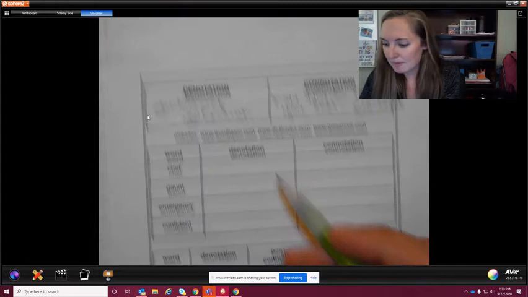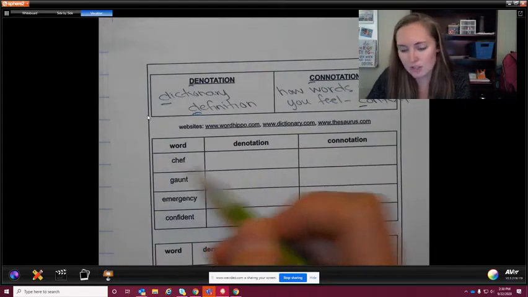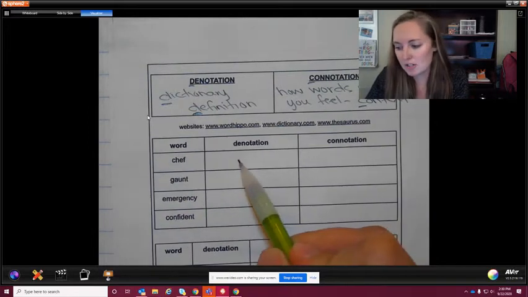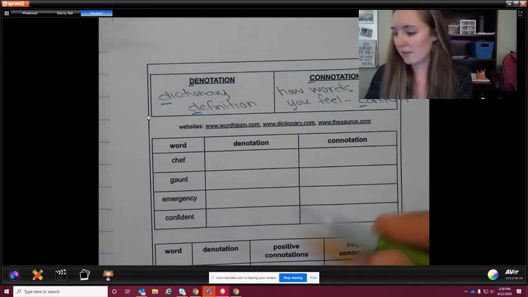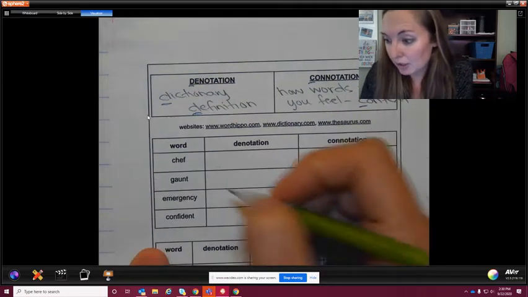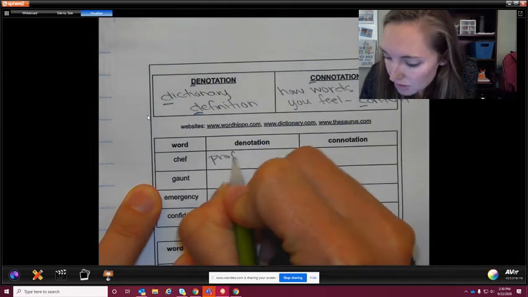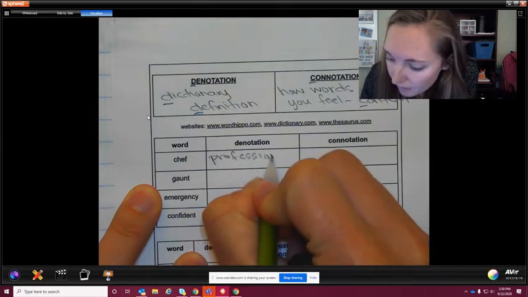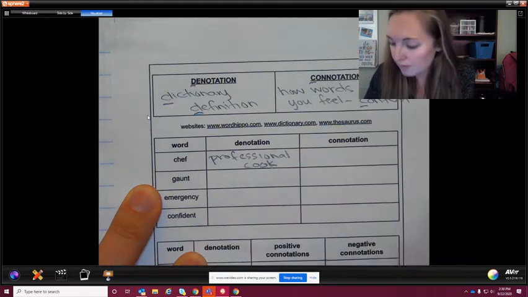Okay, so we're going to go through here and write down what this is. Chef, that's just the word. And the denotation, which is the dictionary definition: chef is basically just a cook, a professional cook, but a cook nonetheless. So we're going to put professional cook, or someone who cooks food.